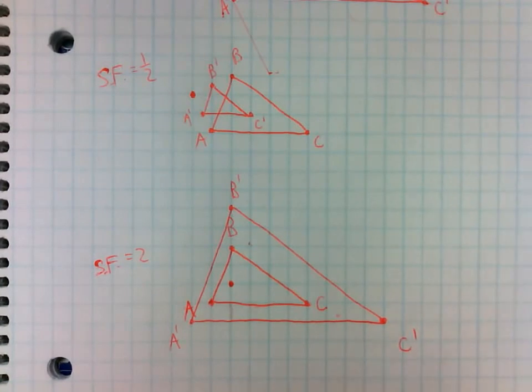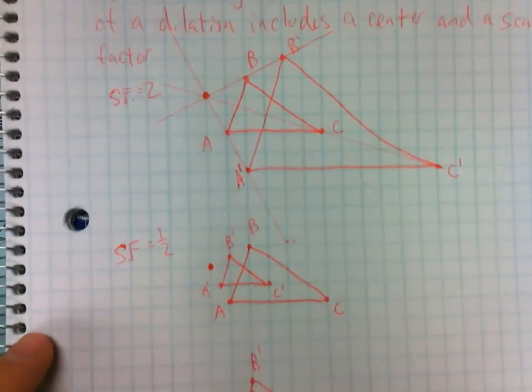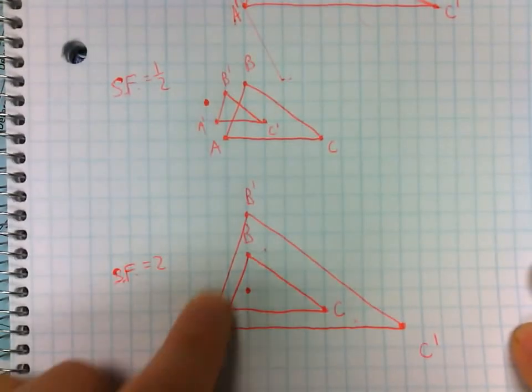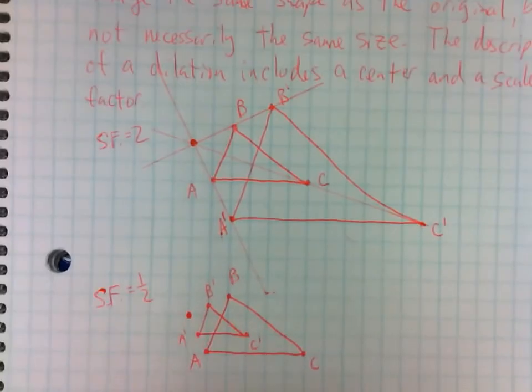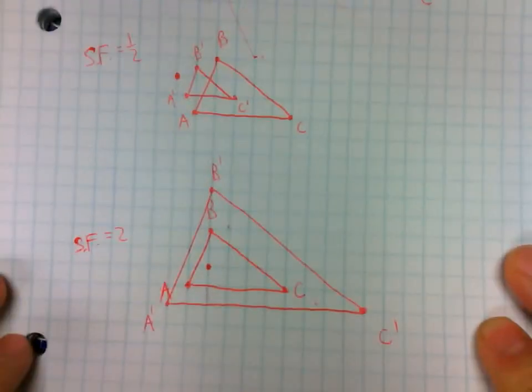I want you to think about, if you're on Google Maps, for example, and you double click on a point on a map, what happens is you zoom in on that point. That's like the center of dilation. So notice the figure that I got here, A'B'C' here, and A'B'C' here, those are the exact same shapes.